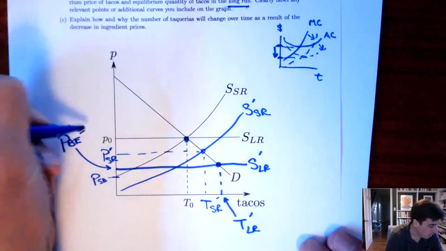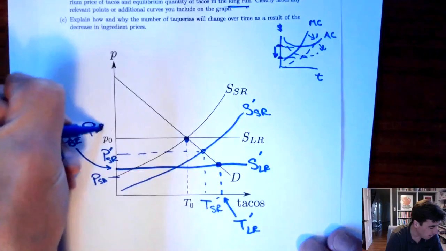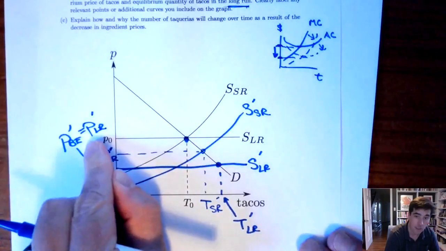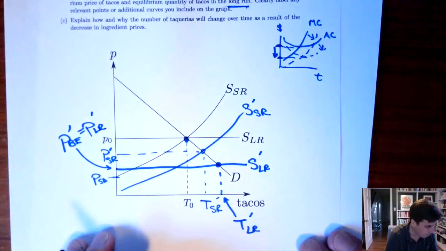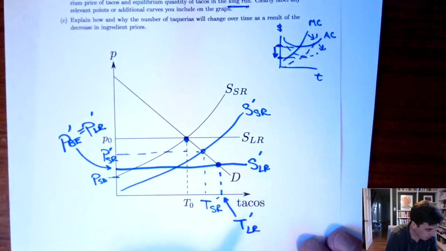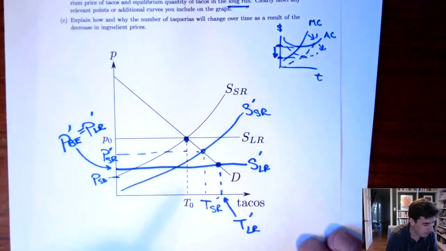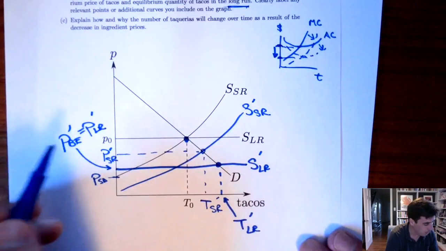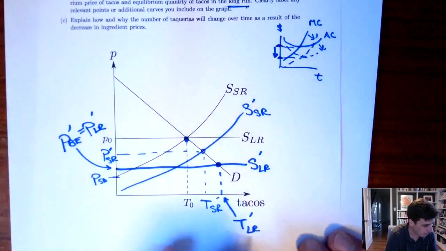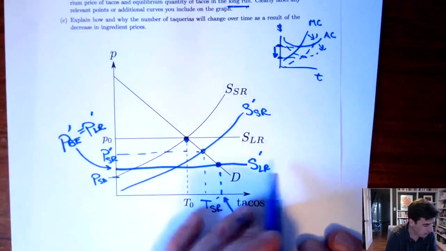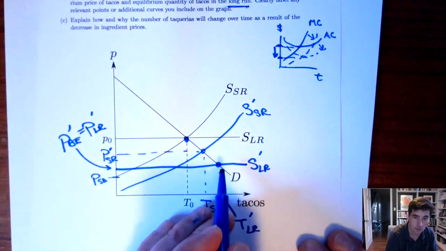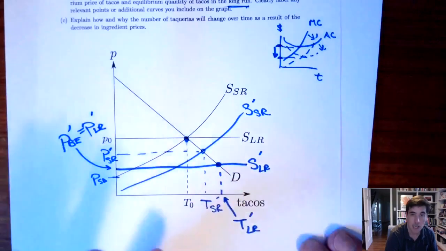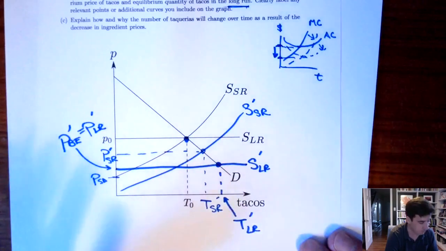So I'm just going to be clear that I demonstrate that I know that's the price in the long run. So I'm just going to say equal to P long run prime there. Okay? And so that now covers everything I might need to have for that long-run equilibrium. I've shown the price, I've shown the quantity, I've labeled both of those, right? And I've clearly labeled that new supply curve that I made to find that new equilibrium. So that's going to cover part B here.